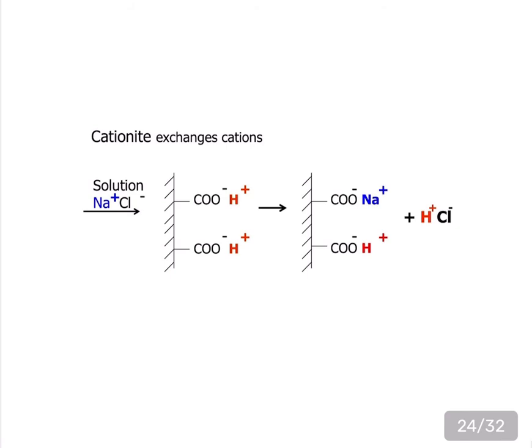When we pass a sodium chloride solution through, one positively charged sodium ion will be exchanged for one positively charged ion from the solid material, and as a result hydrogen ions will accumulate in solution. So ions are exchanged in the same amount and with the same charge.